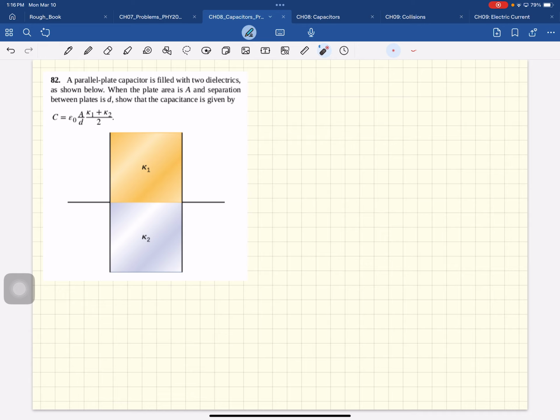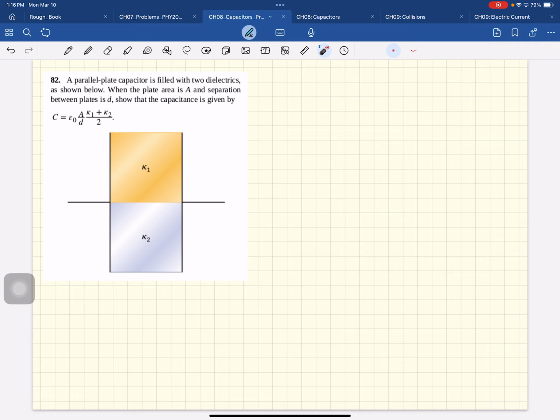Show that the capacitance is given by this. So you see, this is the capacitance for an air-filled capacitor, and with this combination of dielectrics, that is the effective dielectric. That's what we're trying to show.